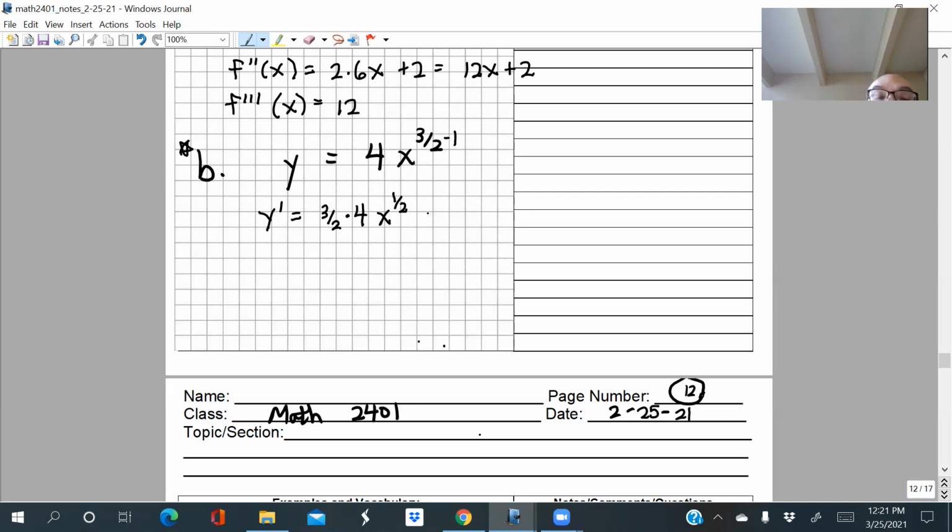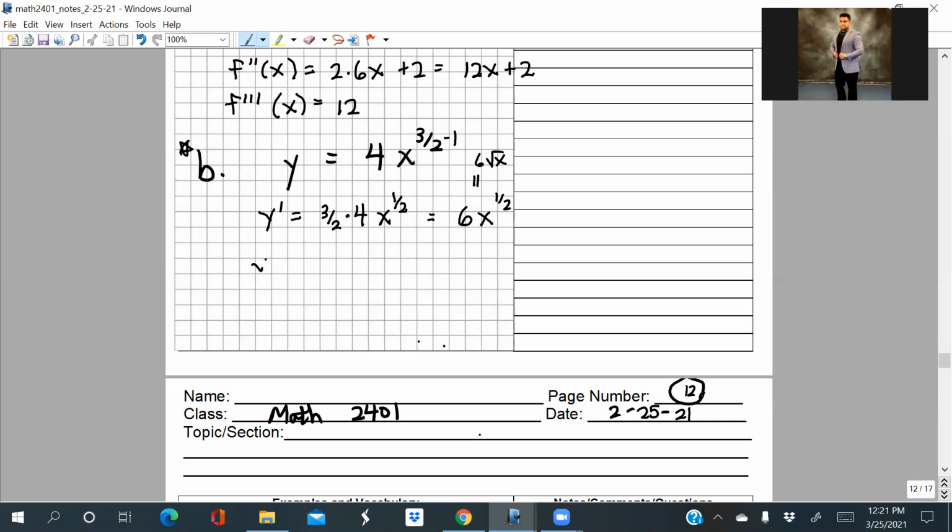And so you took the 3 halves times the 4, and that turns out to be 6, right? So we get 6x to the 1 half power, which, by the way, is not that important, but just as a reminder, x to the 1 half is square root, right? So this is really the same as 6 times the square root of x, okay?